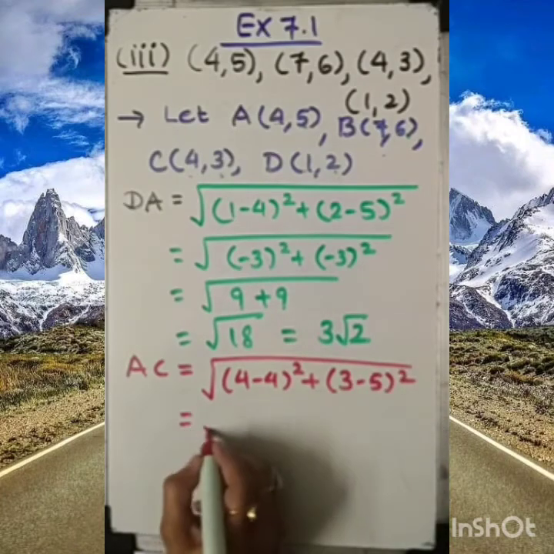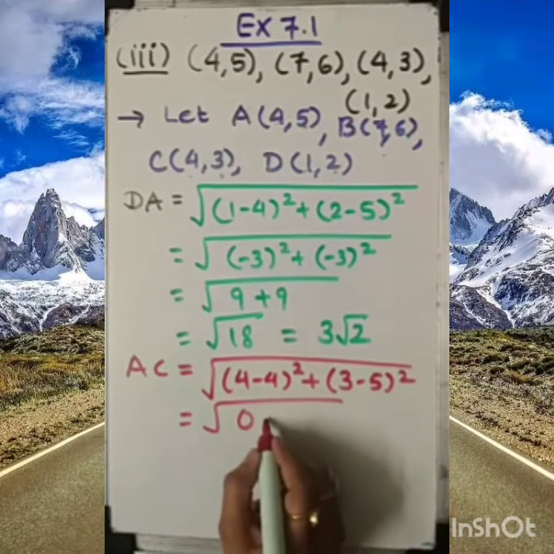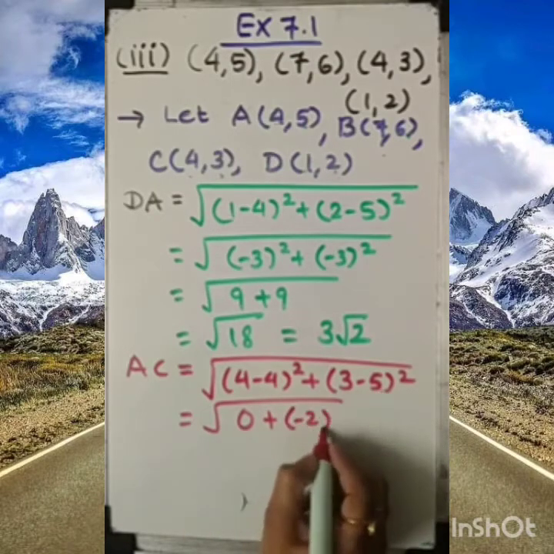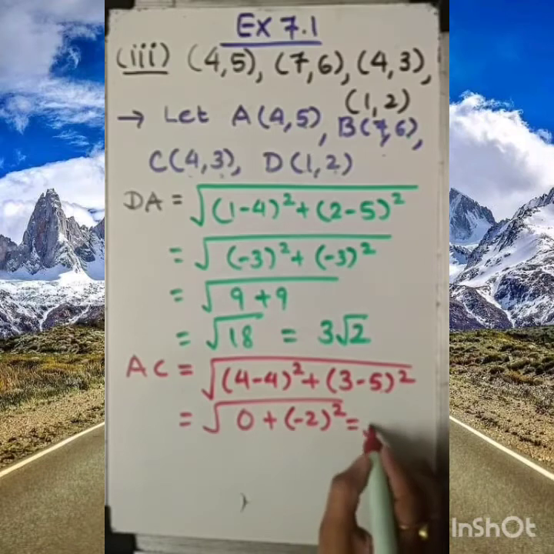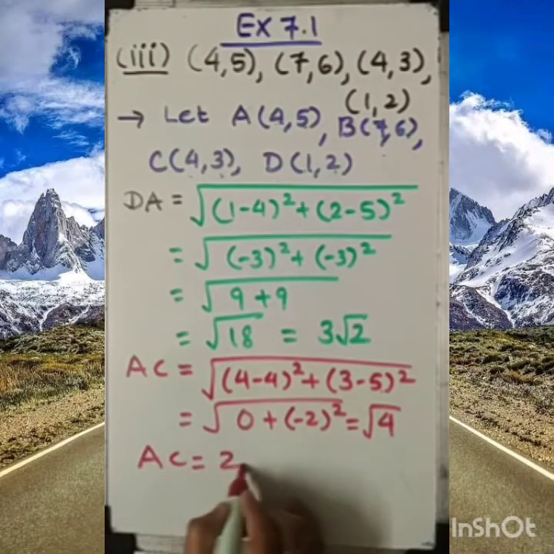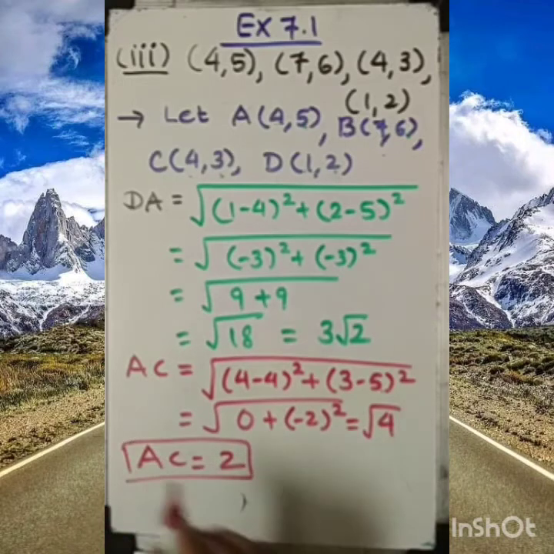So it is coming 0 plus 3 minus 5 means minus 2, and minus 2 square is 4. So AC equals under root 4, and you know very well dear student, its simplification is 2. So the value of AC is 2 here.